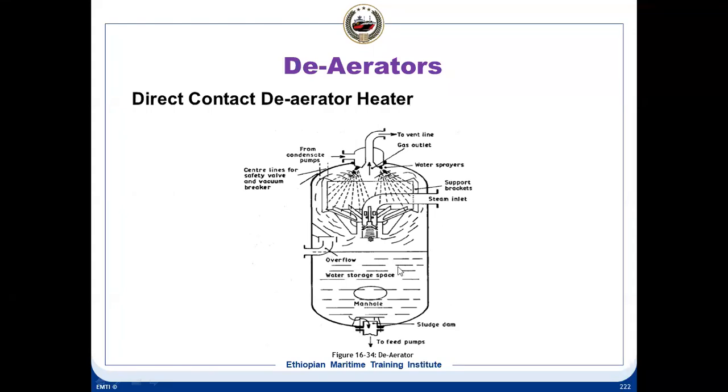And the water which is collecting at the bottom can either go directly to the feed pumps or it can go to the hot well. Like I said, this is normally fitted between the condenser and the hot well. So the water can also go to the hot well, because your feed pump suction is normally at the last chamber in the hot well.